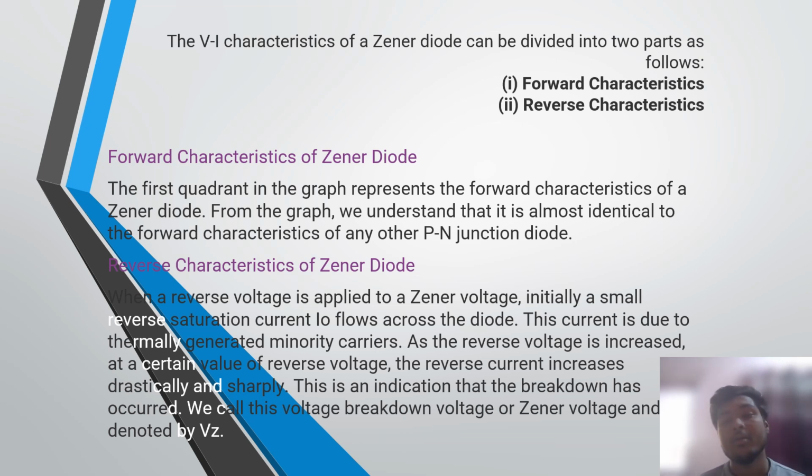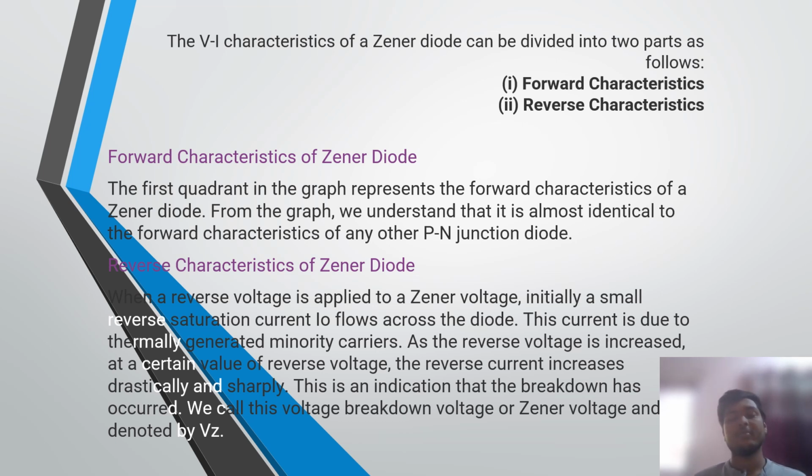Now we will see the reverse characteristic of a zener diode. When a reverse voltage is applied to a zener diode, initially a small reverse saturation current flows across the diode. This current is due to the generated minority carriers.